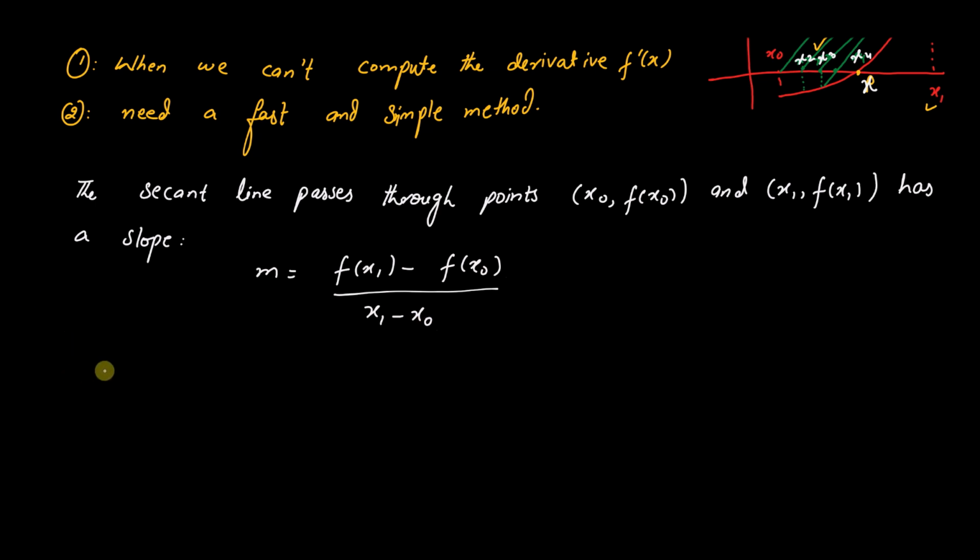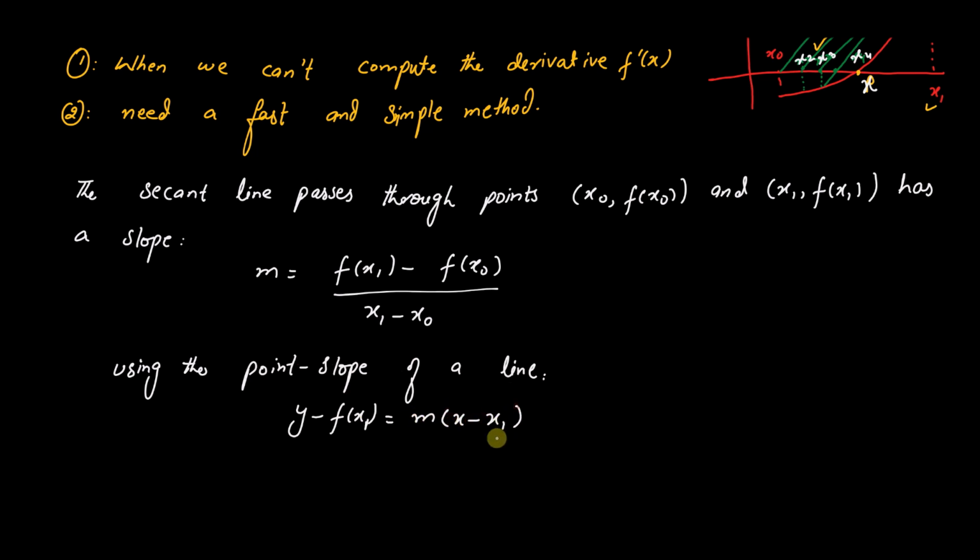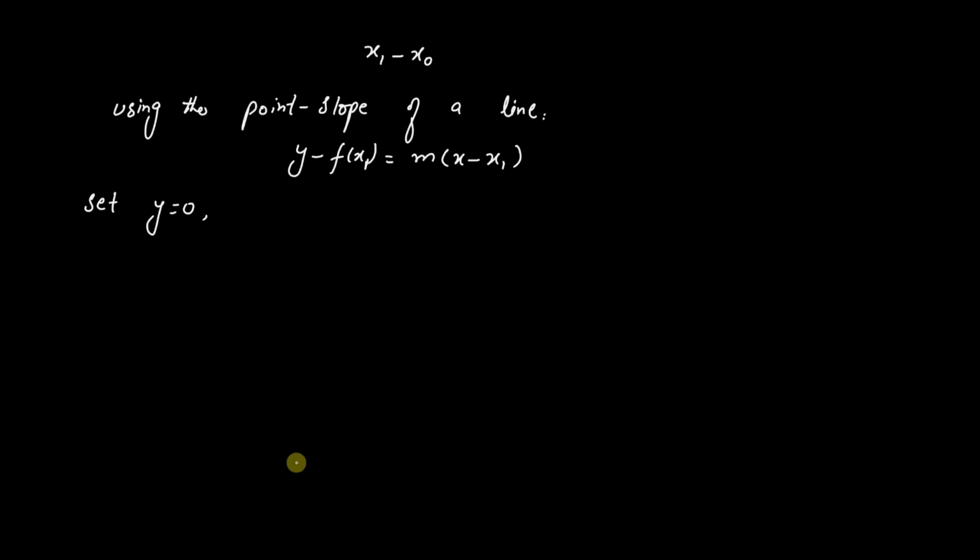Using the point slope form of a line, we have y minus f of x1 is equal to m times x minus x1. We set y equal to 0 to find where this line intersects the x-axis.